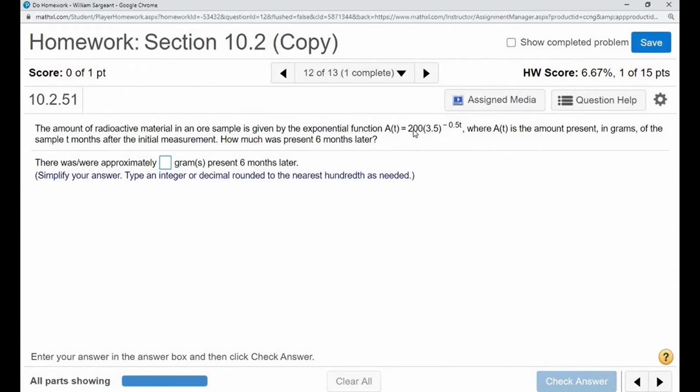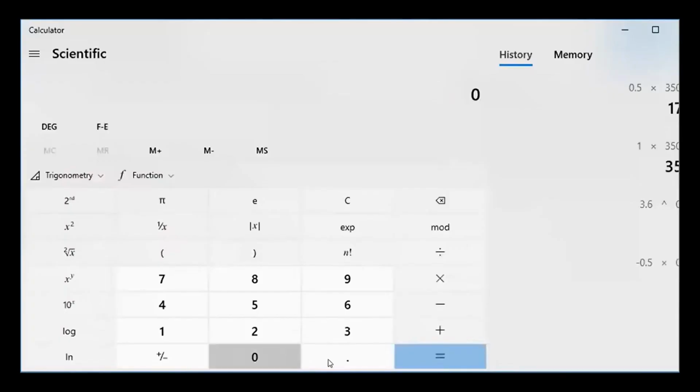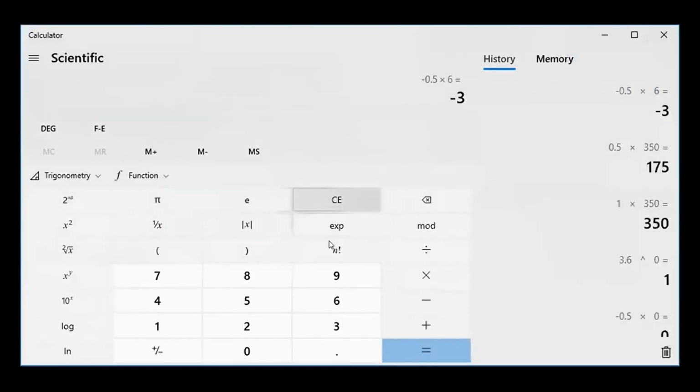Although 200 is the initial amount, we want to find out how much there is 6 months later. So negative 0.5 times 6, raise 3.5 to that power, and multiply by 200. Negative 0.5 times 6 is negative 3. We want to use 3.5 to the negative 3 power then.